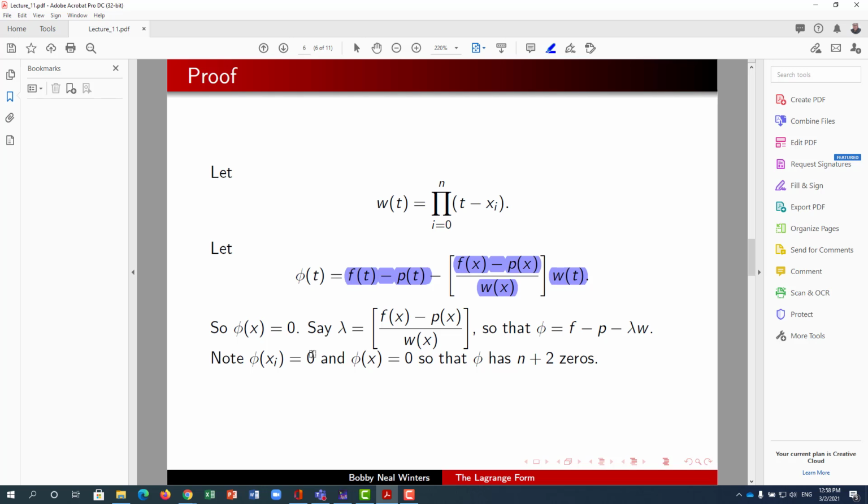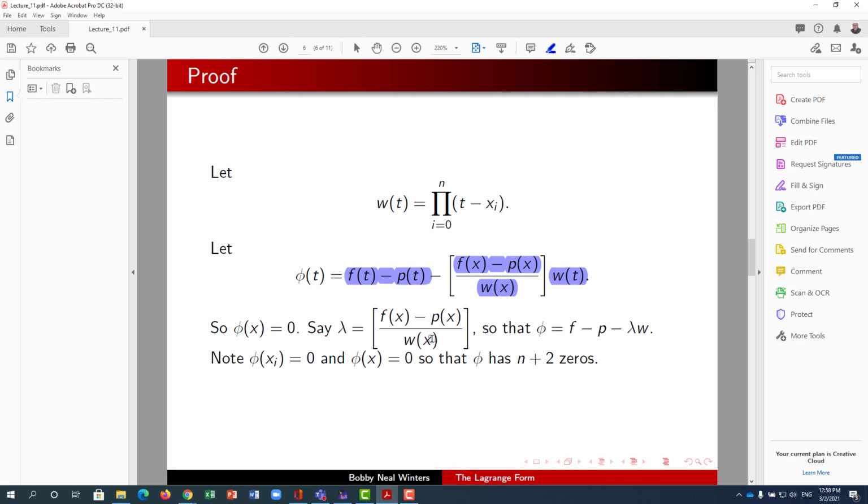And if you take this function phi and substitute in x for the t, everything falls out, and your function is equal to 0. It's equal to 0 at that point.